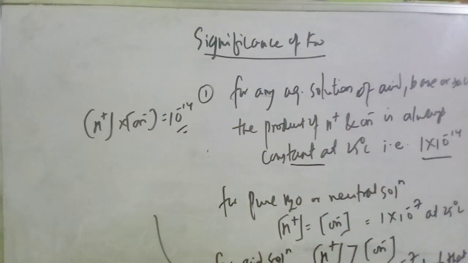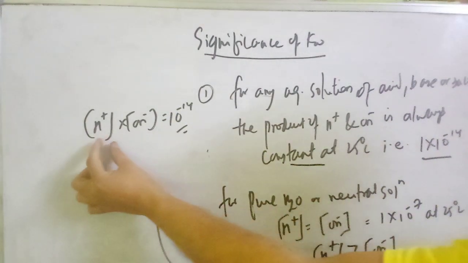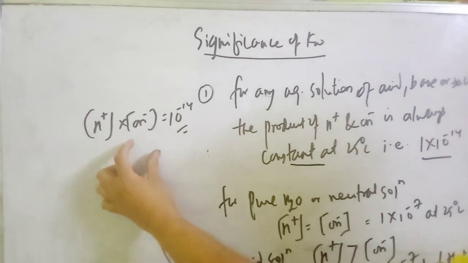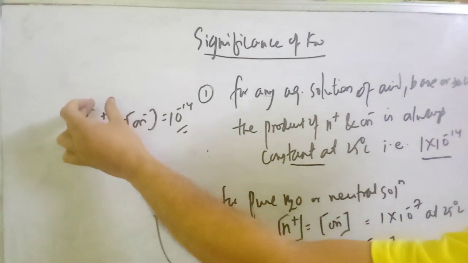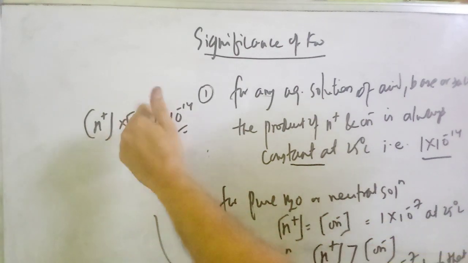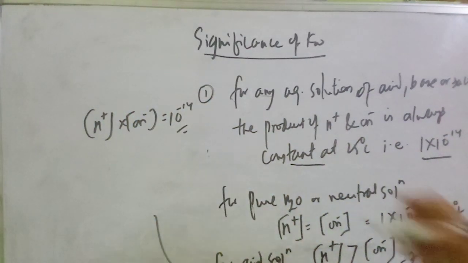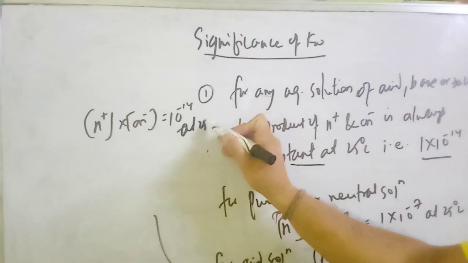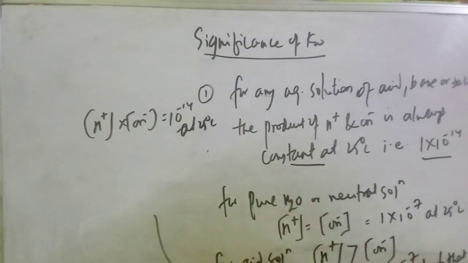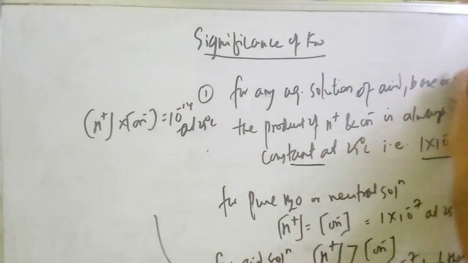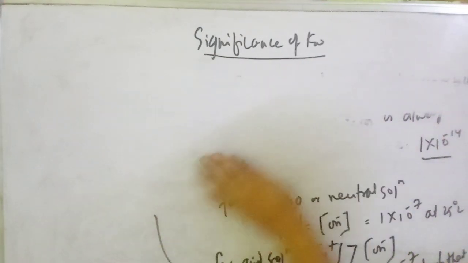If H plus decreases, then hydroxide increases, because 10 to the power minus 14 must be constant at 25 degrees centigrade. You should not forget that all this data is at 25 degrees centigrade. As you change the temperature, the value will change.